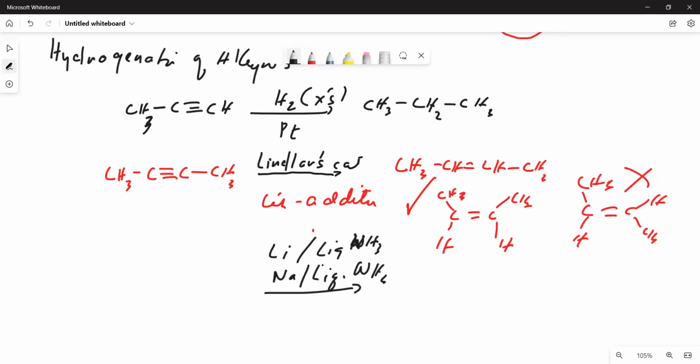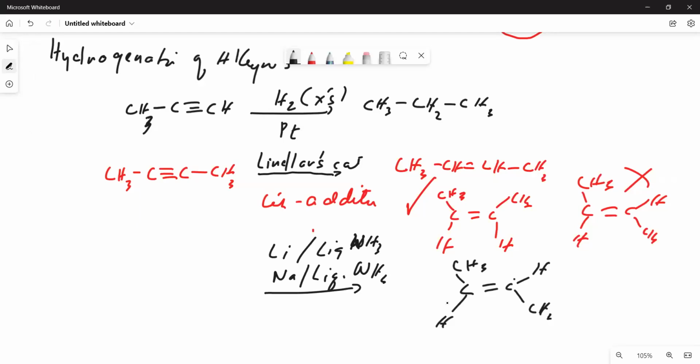When you use these reagents, this is also a hydrogenation process, but the product that will be formed will be the trans, not the cis. So the reaction becomes stereospecific, because only one of the stereoisomers is produced. That is the meaning of stereospecificity.